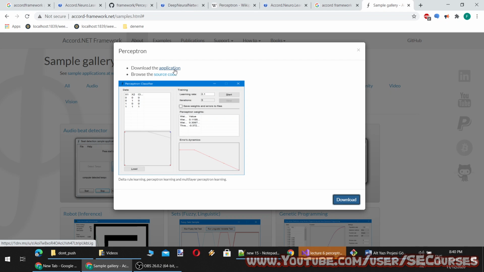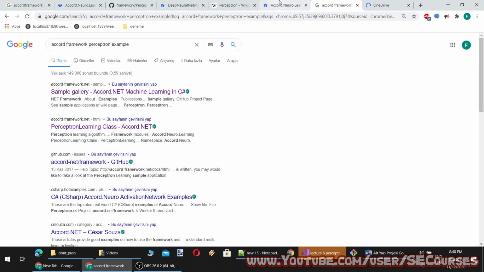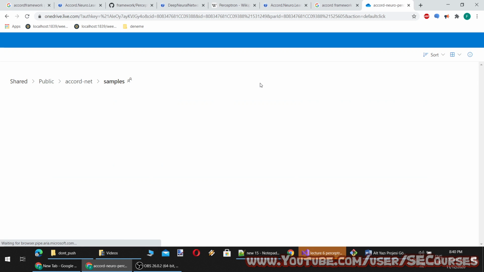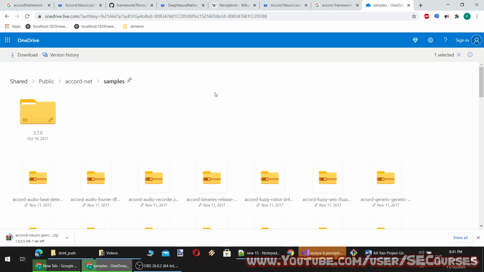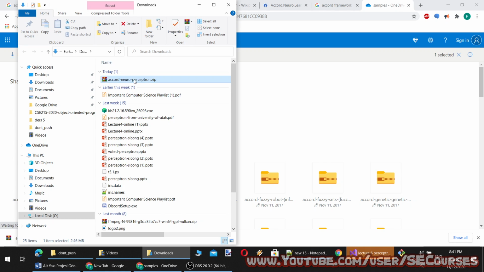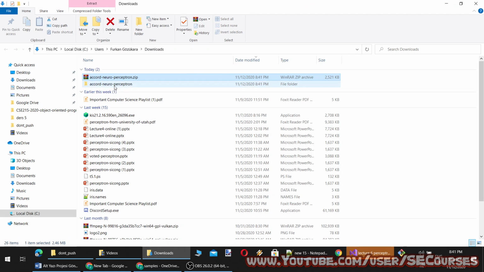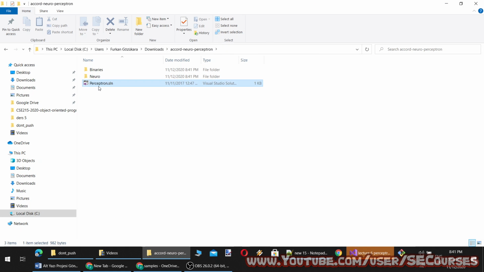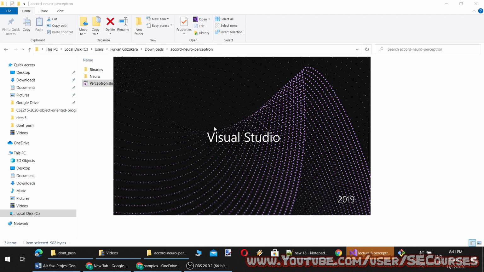So let's download their application and then we can apply the used methods in this application. Okay, it is downloading the Perceptron. Okay, so the Perceptron example is downloaded. I'm extracting the data. I am opening their solution.